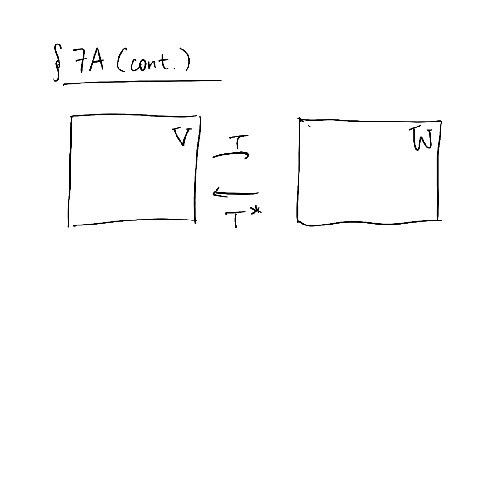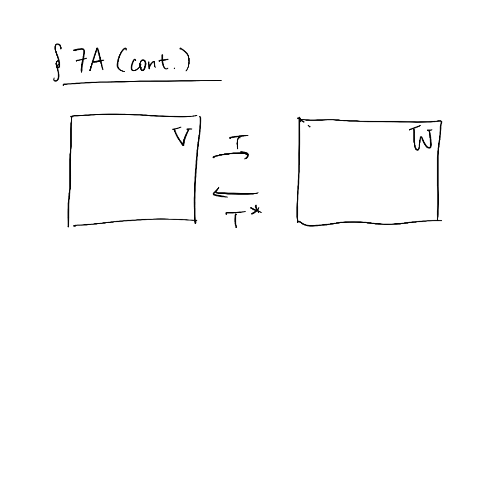This is our second video in section 7a, where we're talking about the adjoint of a linear map from V to W. Let's get started. So the story is we have this picture.